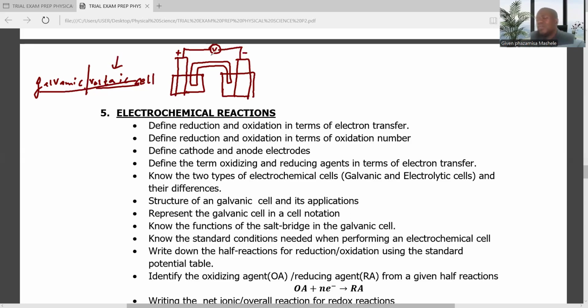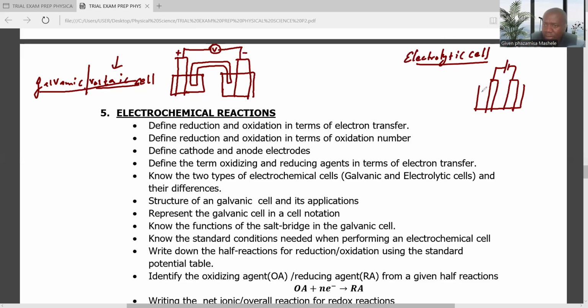Now, there's something that you need to understand. Okay, let me just talk about this then. Again, we have an electrolytic cell. Under the electrolytic cell, usually we use one cell. Within this cell, we have the electrodes. And to the electrodes we connect a power supply.